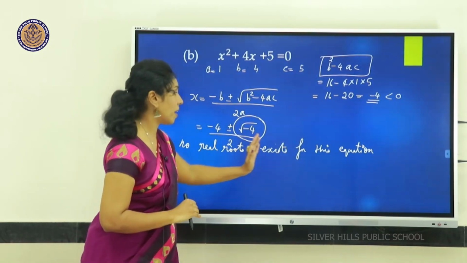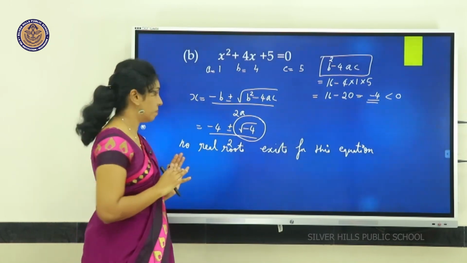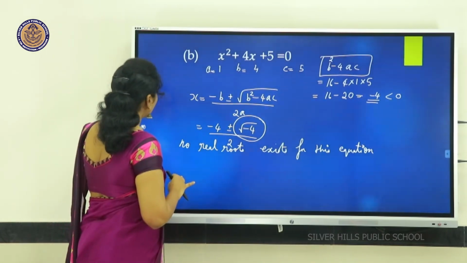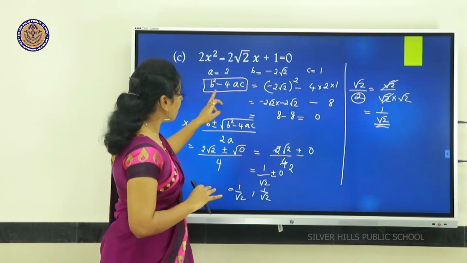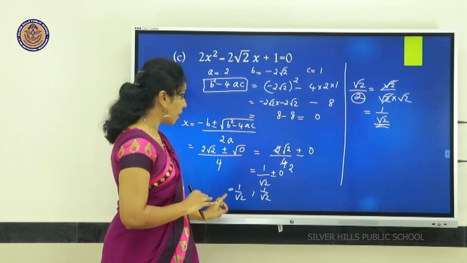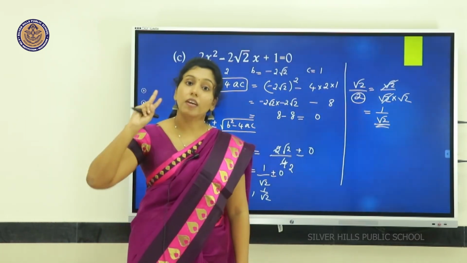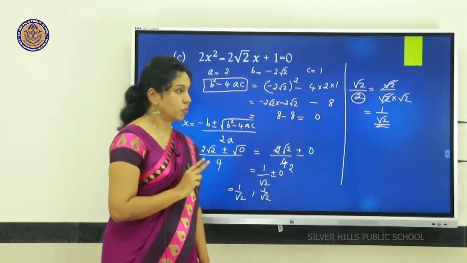No real roots exist for this equation. That was our conclusion. And then we did the third question where b square minus 4ac's value was 0 and I got 2 equal real roots. It was 1 by root 2, 1 by root 2.